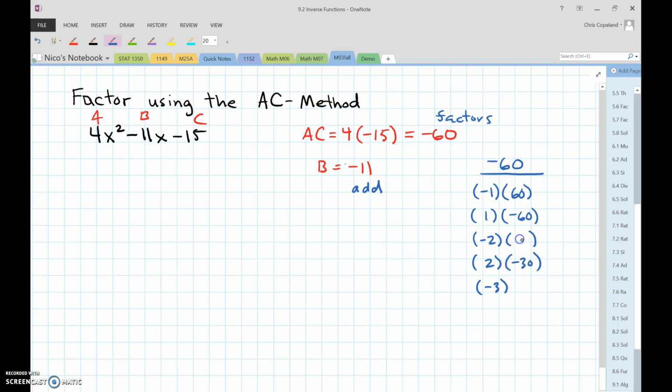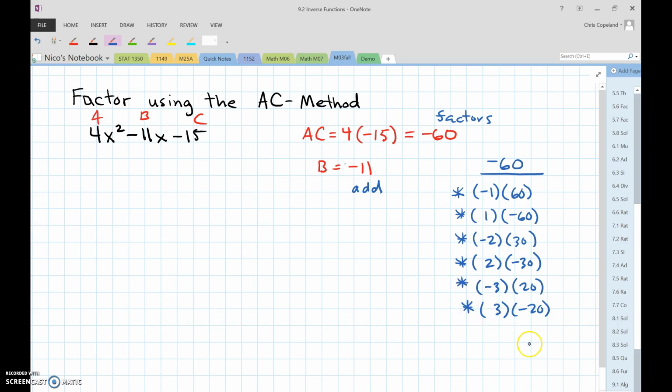Negative 3 times 20 and 3 times negative 20. Again, if you would try to add any of these factors up, none of them would add up to negative 11, so we've got to keep going.